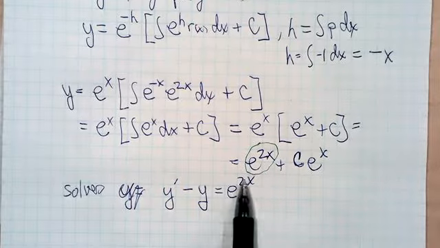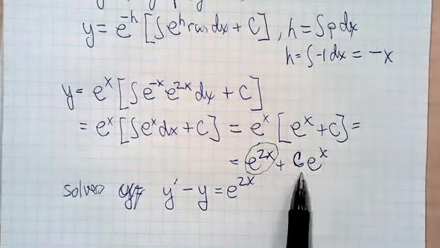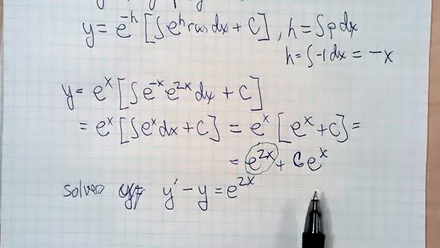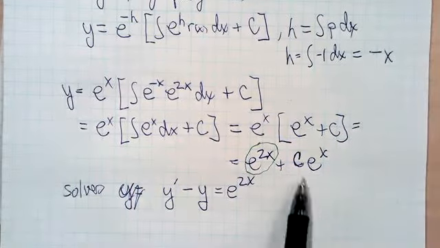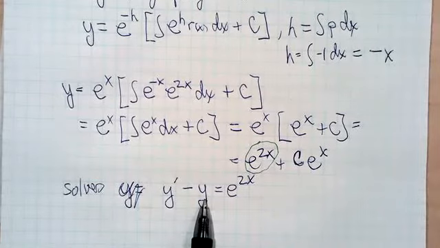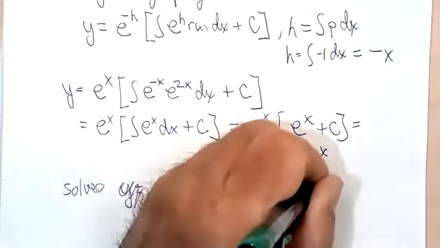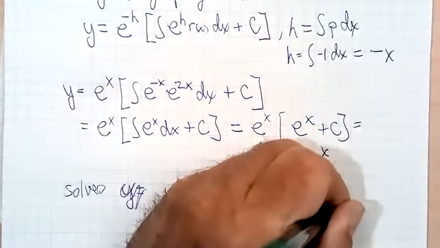It satisfies the right-hand side. So what's this piece doing on here? Well, that's a solution to the homogeneous equation. Take e to the x and feed it in here. You get e to the x minus e to the x is 0. So this solves the homogeneous equation.